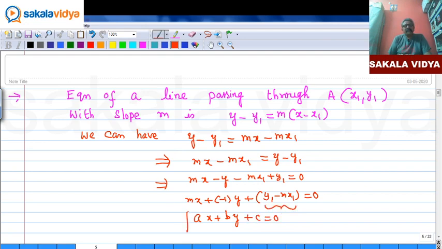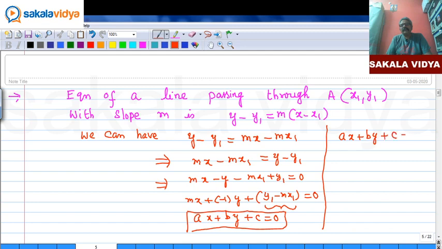That means any equation of the line will be in this form. So, ax plus by plus c equals 0 represents a linear equation in x and y. So, remember here, mod a plus mod b does not equal 0.